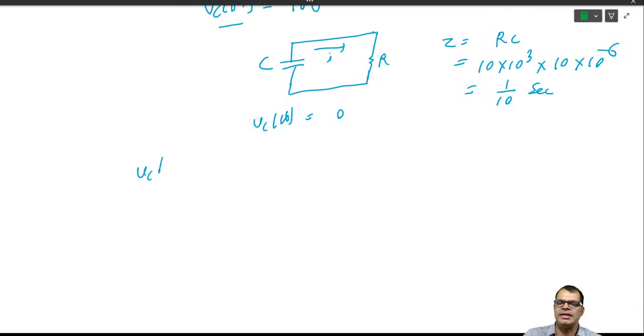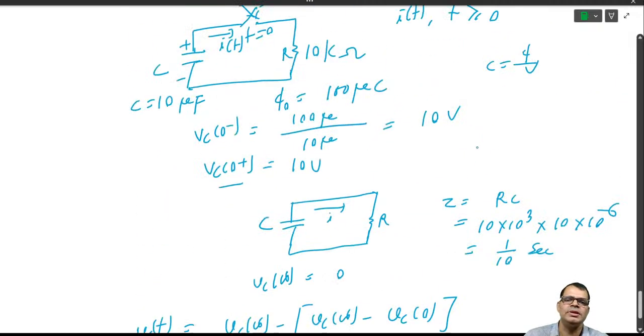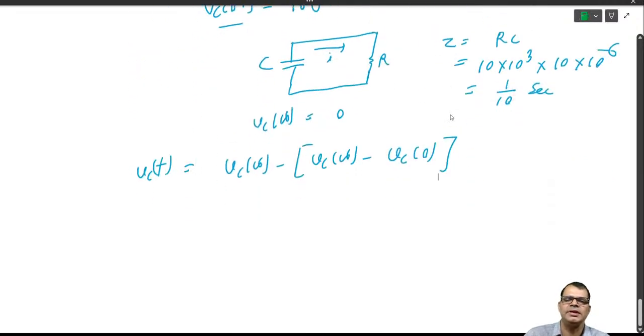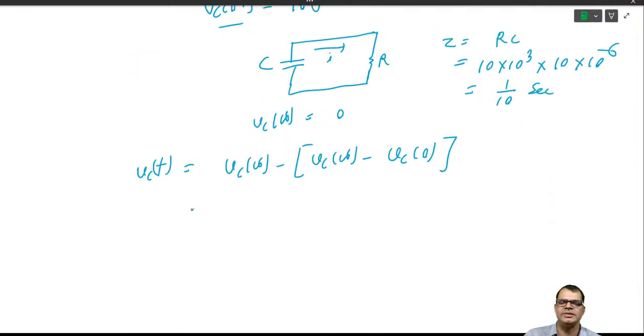So VC at any time t is equal to VC(infinity) minus [VC(infinity) minus VC(0)] e raised to the power minus t upon tau. So VC(infinity) is 0, minus [0 minus 10] e raised to the power minus t upon 1 upon 10.